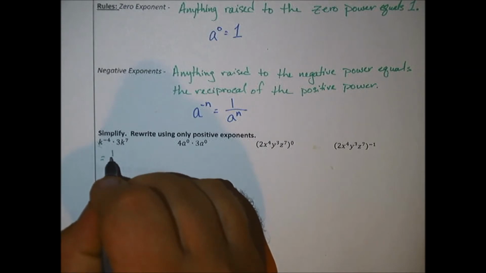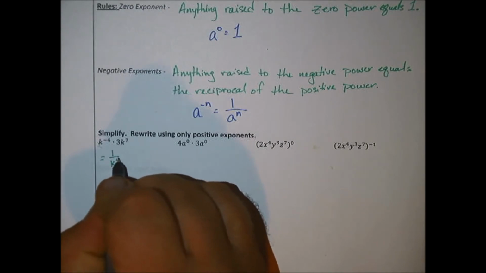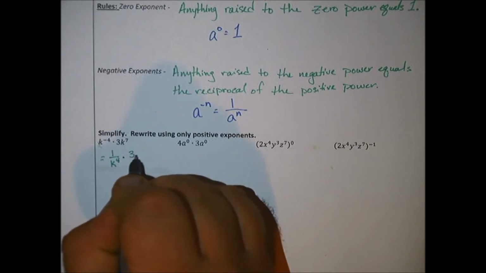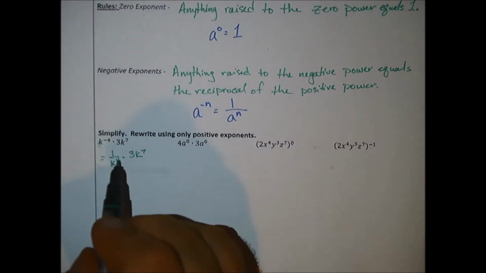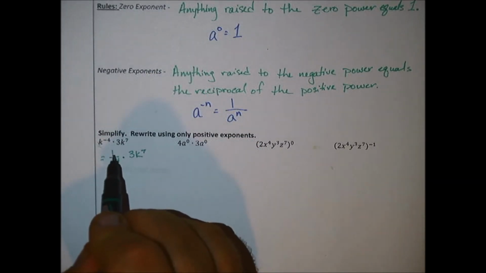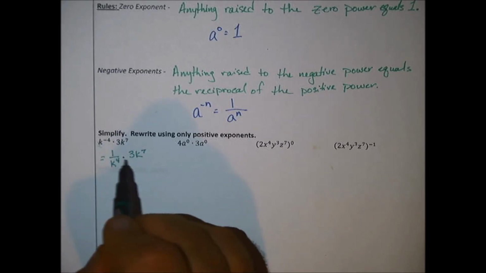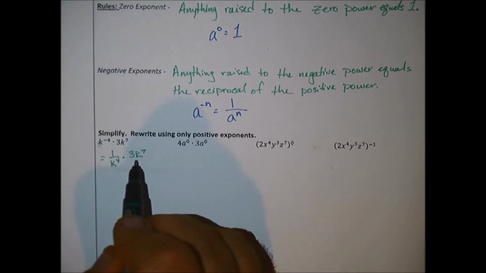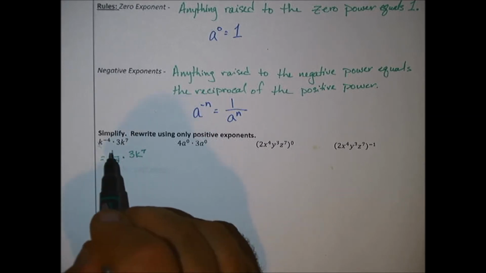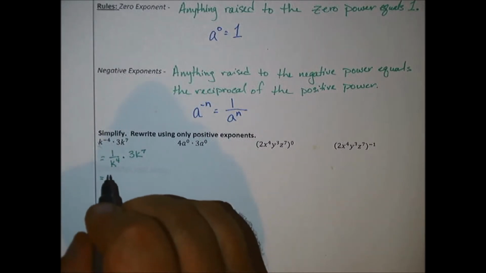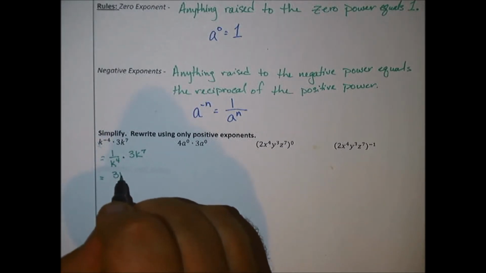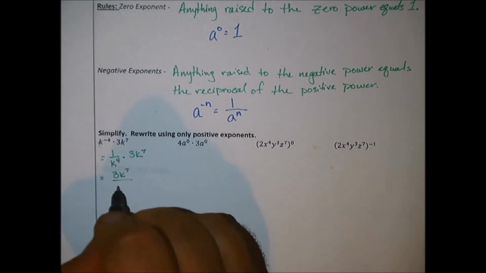I'm going to rewrite that as 1 over k to the 4th times 3k to the 7th. Keep in mind that anytime I multiply a fraction by what really looks like just a whole number, I can move that whole number into the numerator, and that's a skill we're going to be using a lot here. So really this is 3k to the 7th over k to the 4th.